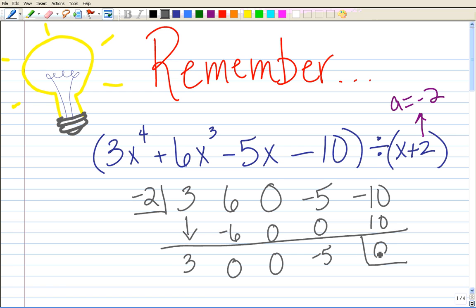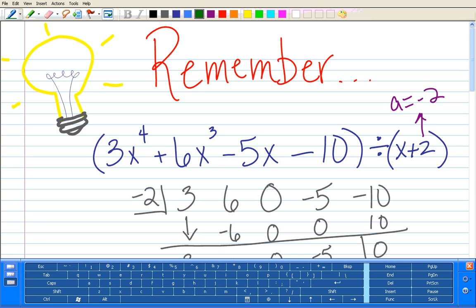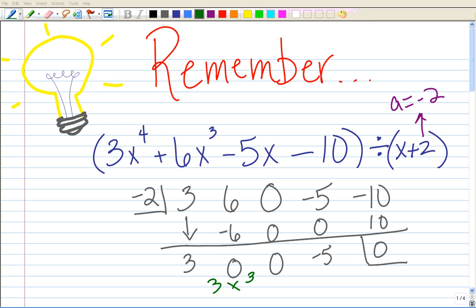So if we have no remainder, that means this divided quite nicely, and this right here tells us that we had an x to the fourth, we divided out an x, so our answer would be 3x cubed, 0x squared, 0x, but then we have a -5. So you can see it divided really well.